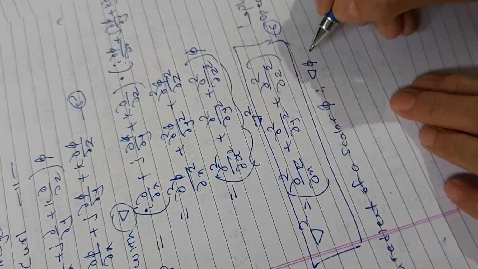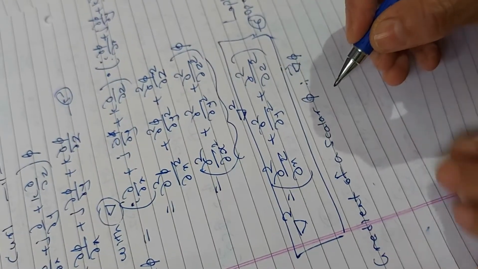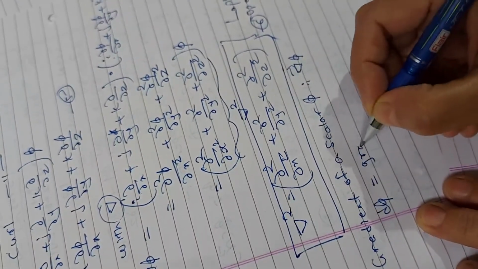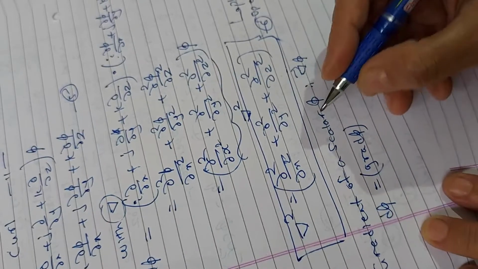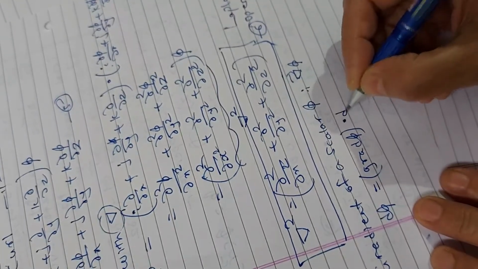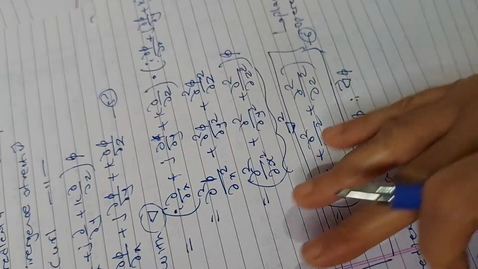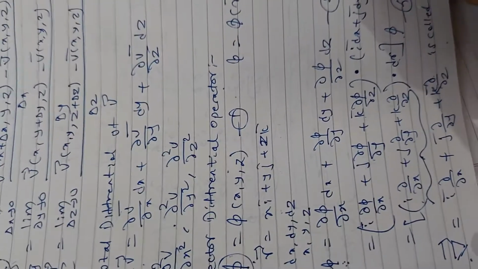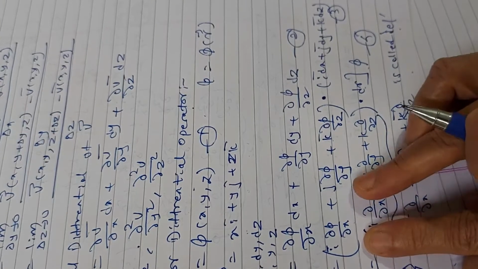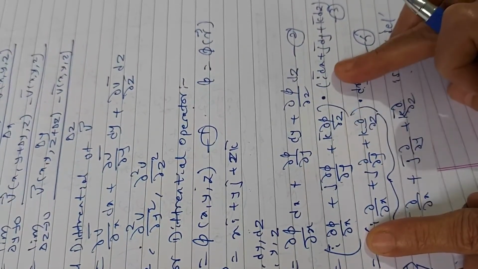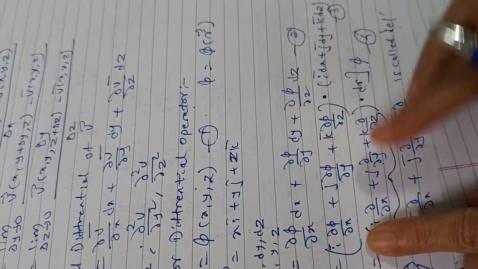So how will we write this now? Suppose we write d phi. What is d phi? It is grad phi dot dr. Correct? So earlier we wrote this equation. i ∂phi/∂x plus j ∂phi/∂y plus k ∂phi/∂z dot i dx plus j dy plus k dz. This I have to write again.